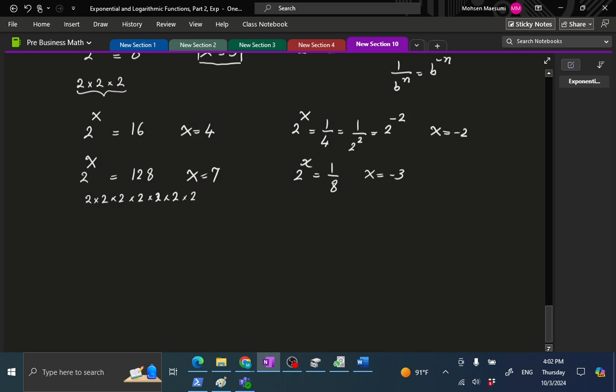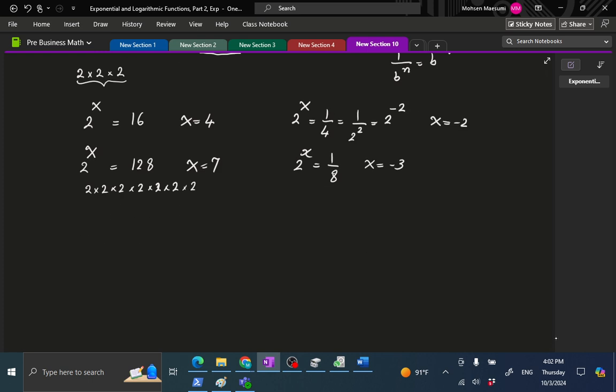Okay, now let's go to some more advanced problems. Suppose I write 2 to the power of x is equal to 8 to the power of 2x plus 5. And the question is, what is x in this case? To solve this type of problem, we write both sides with the same base.